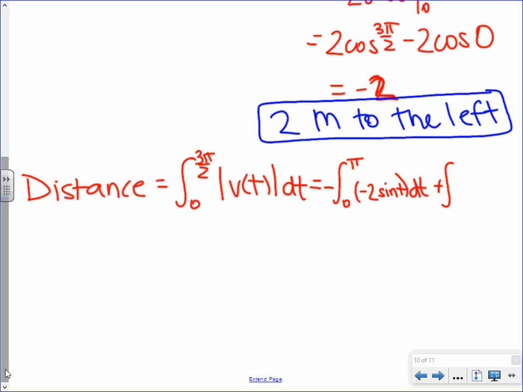Then we'll add the integral from pi to 3 pi over 2. Typically I'd have you go through this work, but I'm going to just tell you that it's 6 meters. We travel a distance of 6 meters, but we end up only 2 meters to the left of where we started.